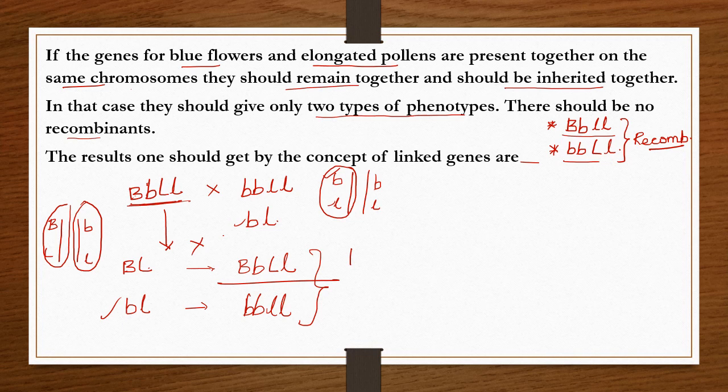One is blue with elongated pollen grains, and another one is red with round pollen grains. That is 50% blue and elongated pollen grains, and 50% red and round pollen grains. So that's why the proportion is a 1:1 ratio.